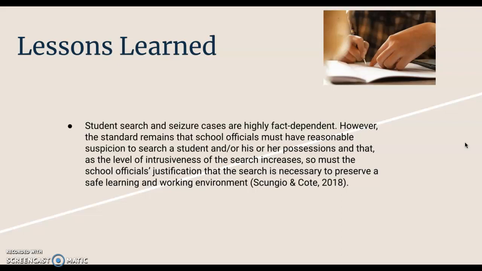However, the standard remains that school officials must have, and this is the big one, reasonable suspicion to search a student and or his or her possessions, and that as the level of intrusiveness of the search increases, so must the school official's justification that the search is necessary to preserve a safe learning and working environment. So the more intrusive you are, the greater level of justification you are required to show.